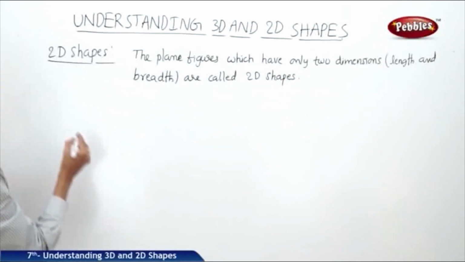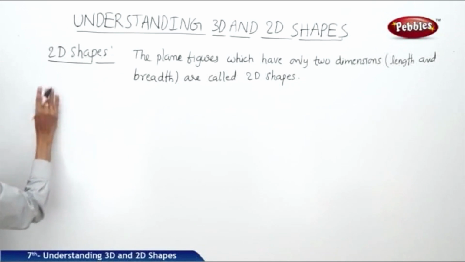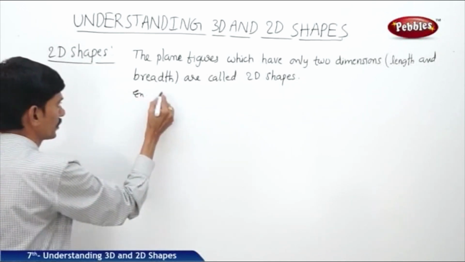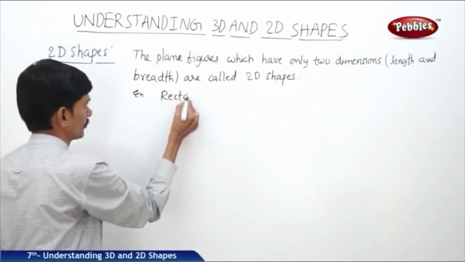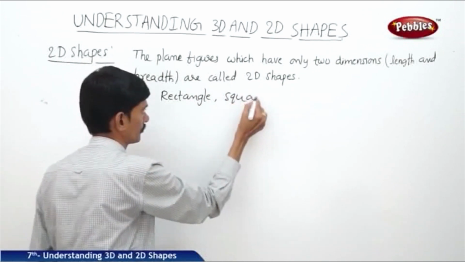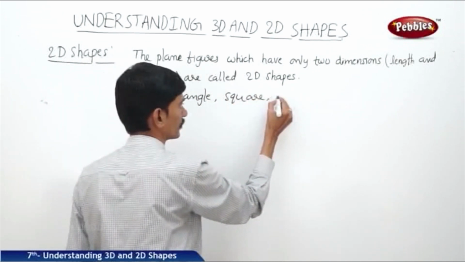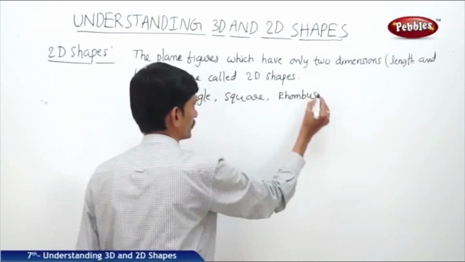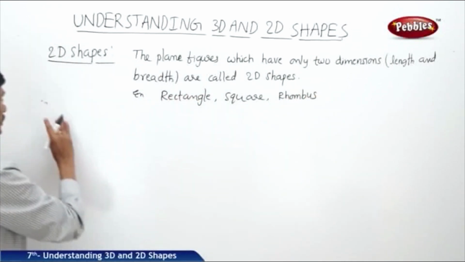Examples for 2D shapes are a rectangle, square, rhombus, etc.